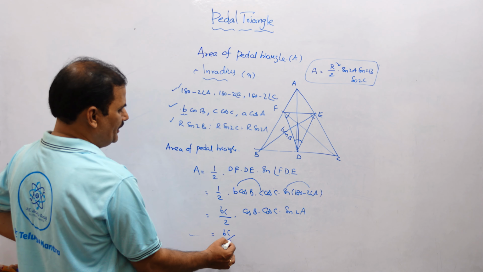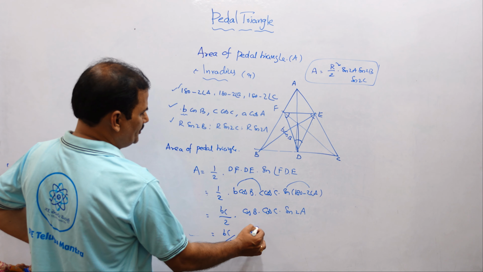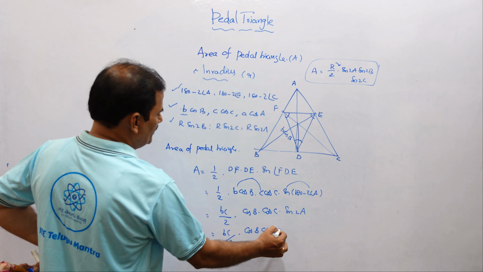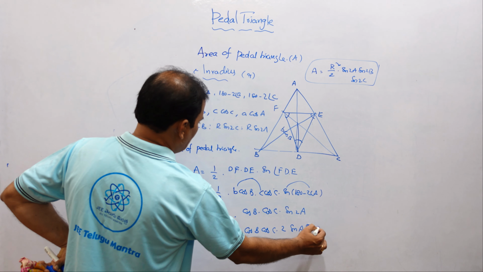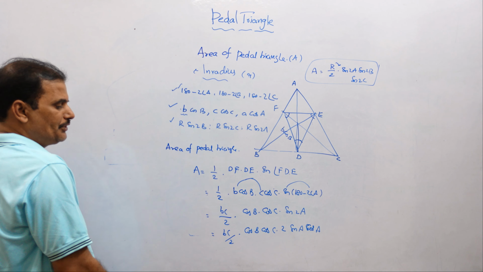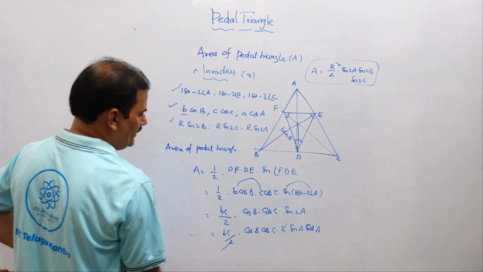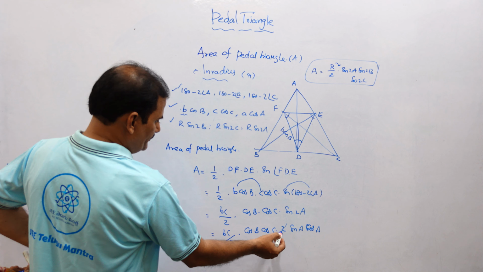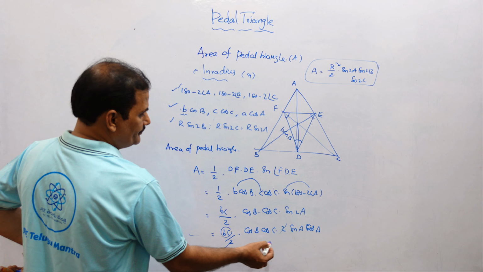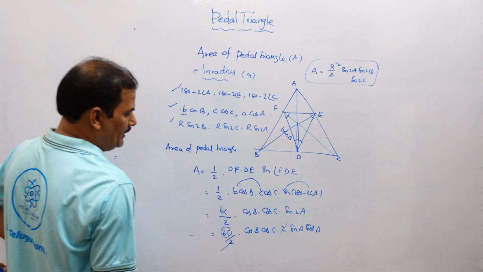Now here bc by 2 cos B cos C sin 2A, where sin 2A is equal to 2 sin A cos A. Here 2 cancels, and the remaining are sin A and cos A.